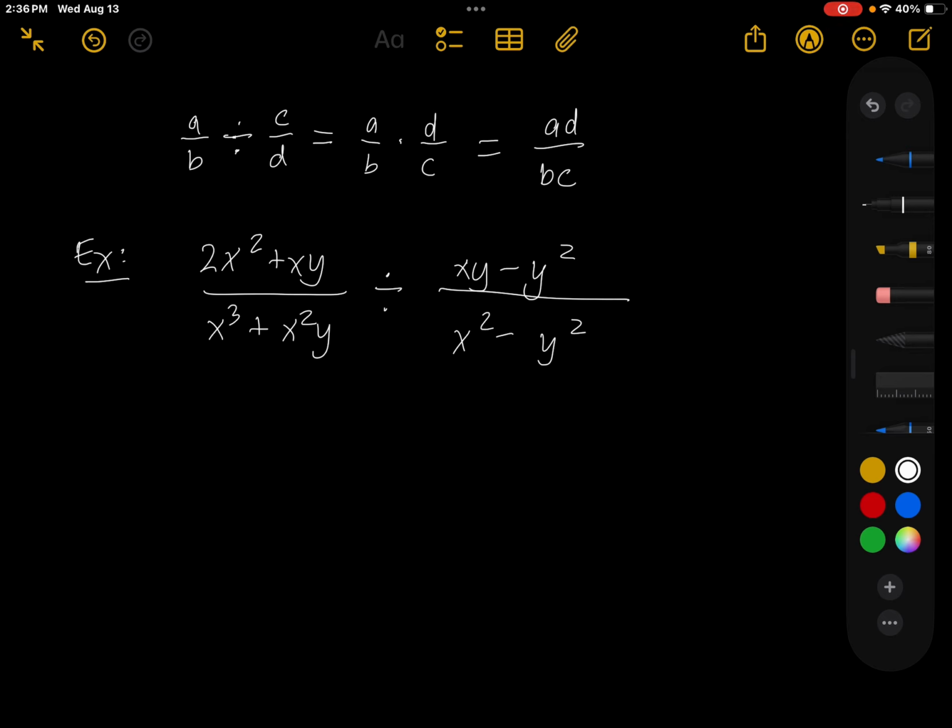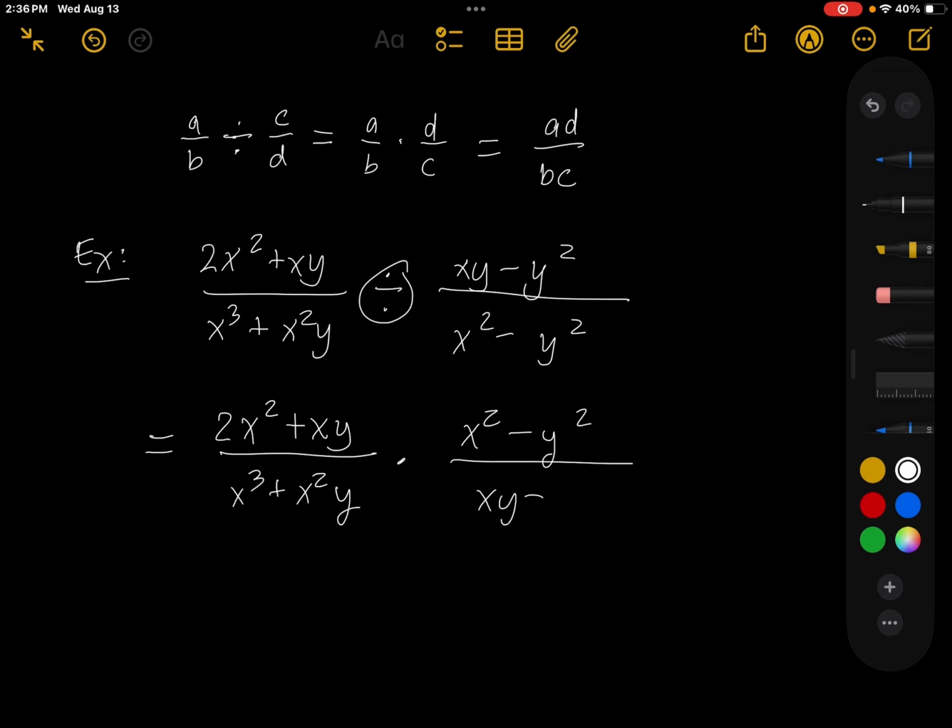So right now I'm dividing, right? Let's change this to a multiplication. So I'm going to be multiplying by the reciprocal. So I keep the first expression the same, but now I'm multiplying by the reciprocal, x squared minus y squared over xy minus y squared.